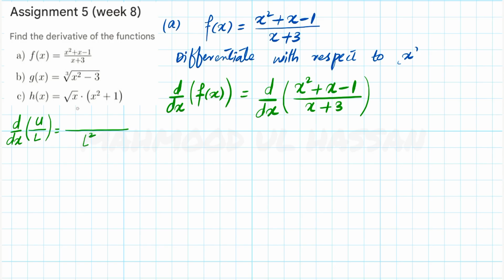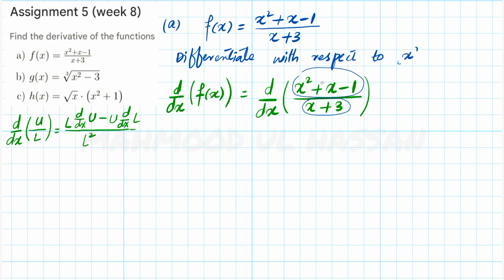And in the numerator, we skip the lower and take the derivative of the upper, d over dx of u, and then minus, we skip the upper and take the derivative of the lower, that is d over dx of L. So here in this case, our upper is x squared plus x minus 1, and the lower is x plus 3.